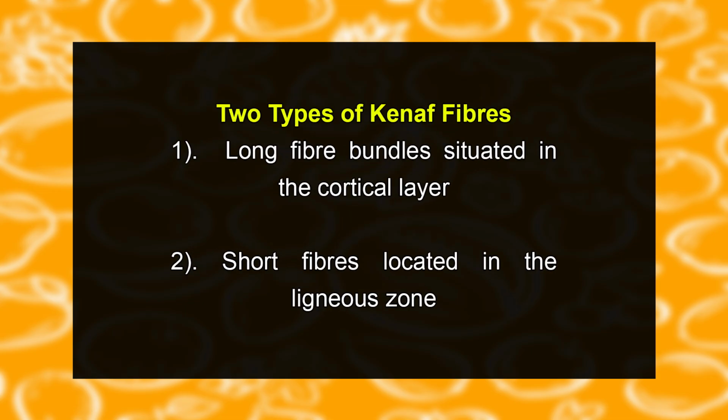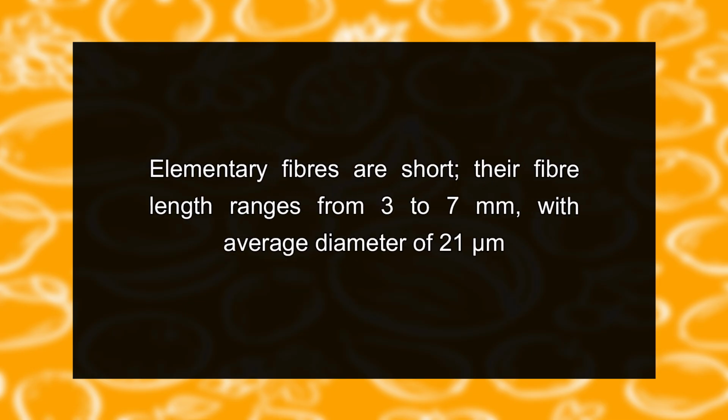Kenaf fibers are of two types: long fiber bundles situated in the cortical layer and short fibers located in the ligneous zone. Elementary fibers are short. Their fiber length ranges from 3 to 7 millimeters with average diameter of 21 micrometers.